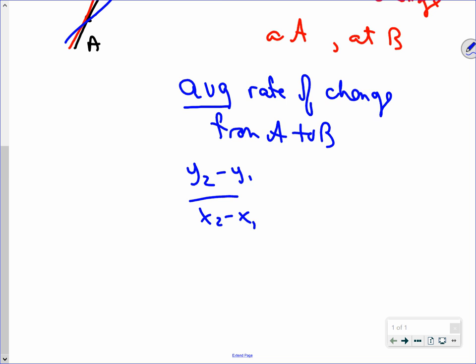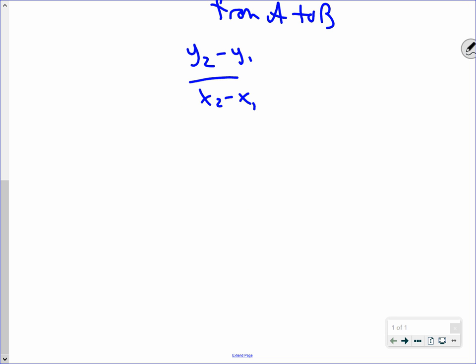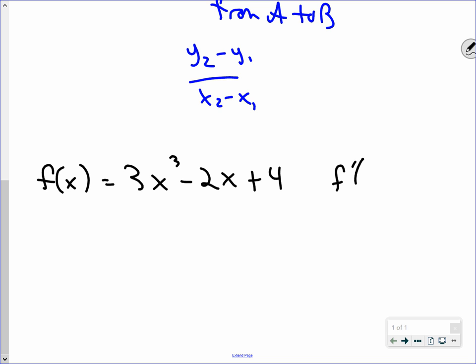Okay, let's do an example. Nice little polynomial. Okay, nice easy derivative. All right.